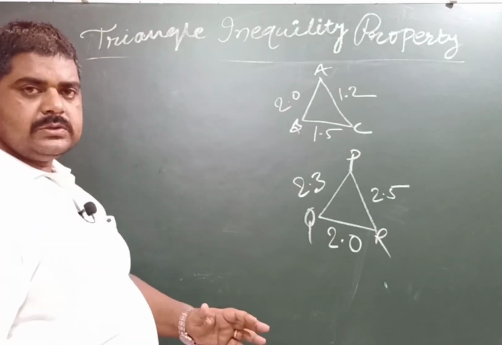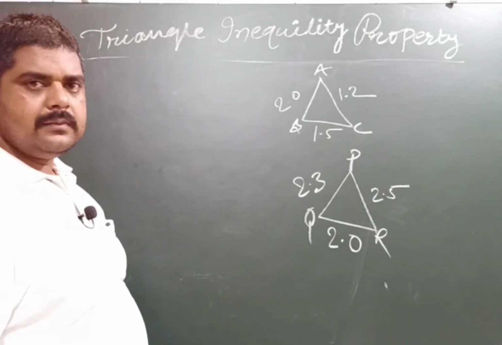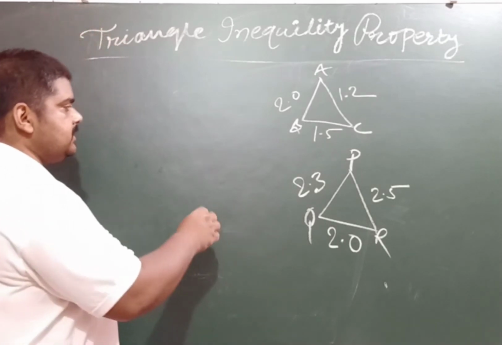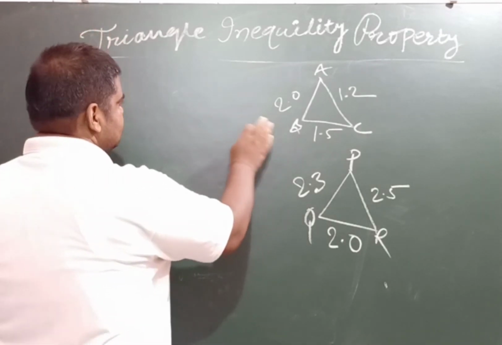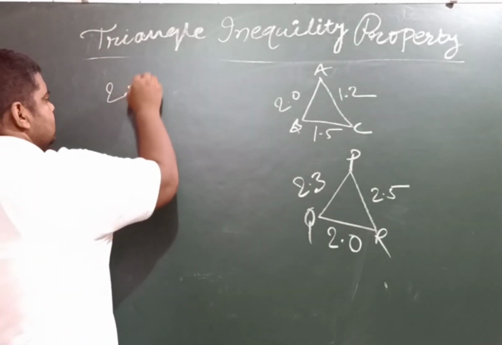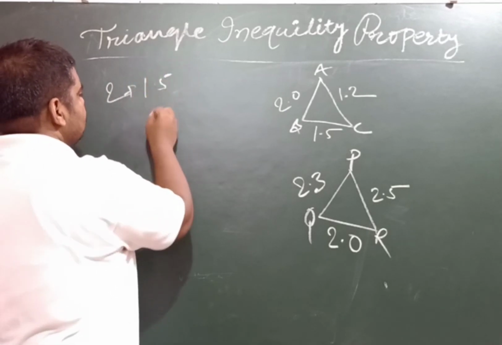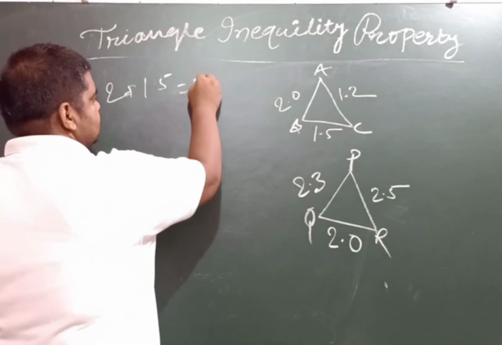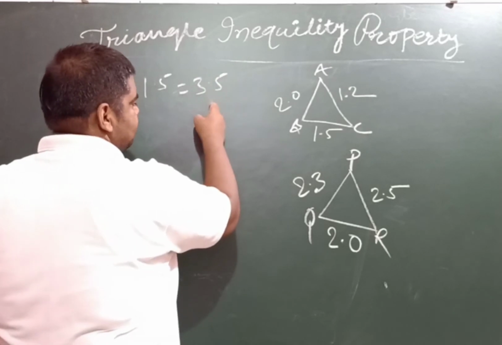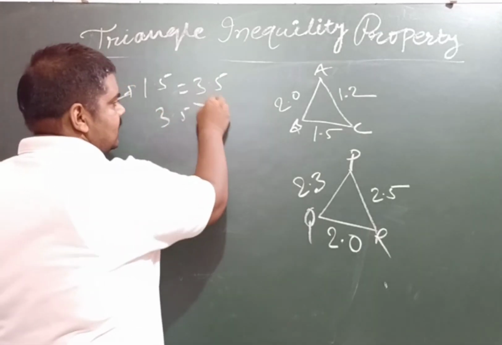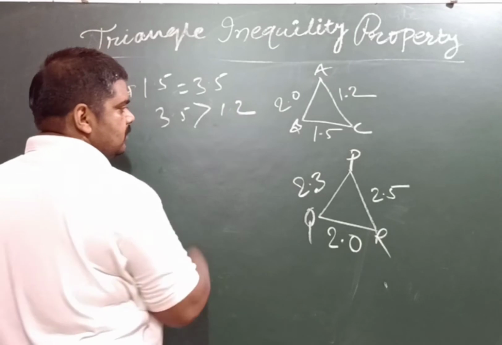By this property you have to check that 2 plus 1.5 is equal to 3.5, and 3.5 is greater than 1.2.